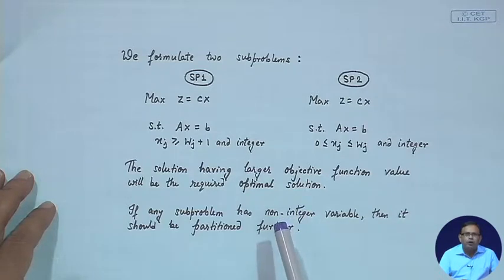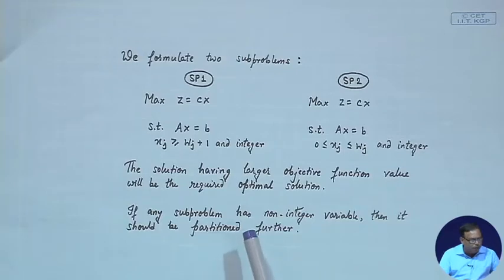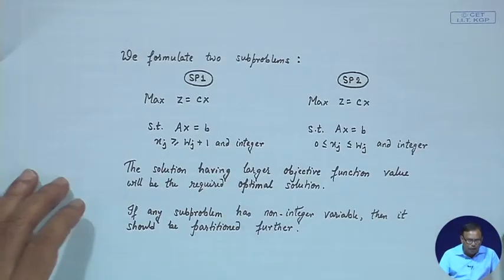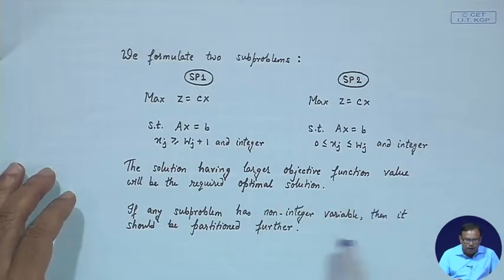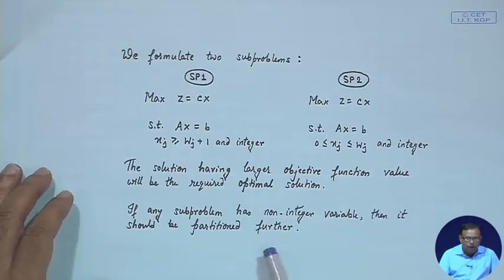In that situation, the solution having the larger objective function value will be the required optimal solution. Now, if either of these two subproblems has a non-integer variable, then again it should be partitioned.